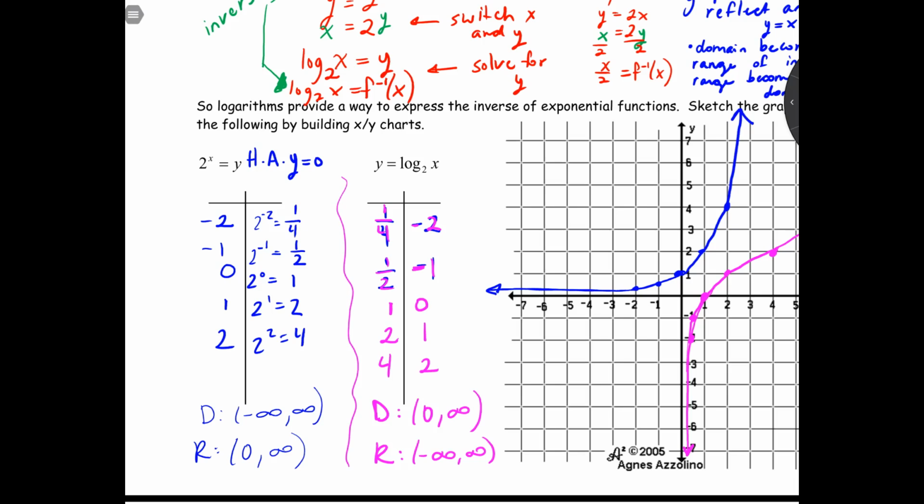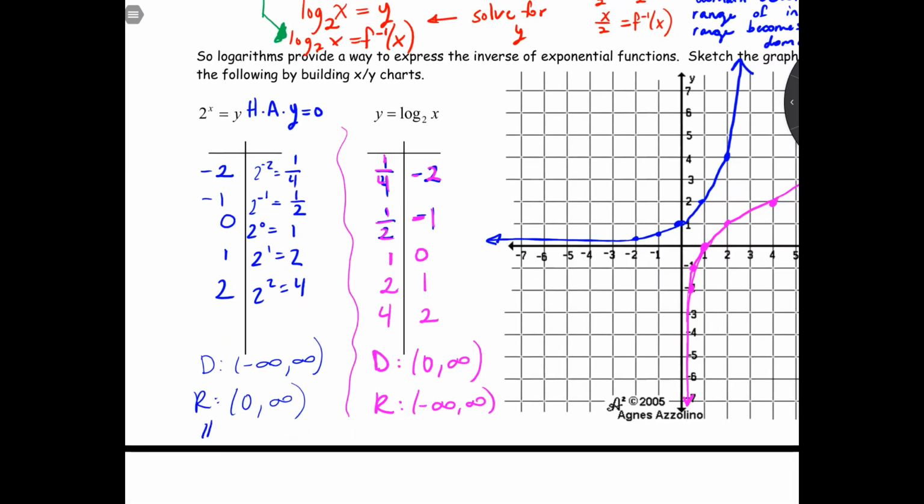Now the exponential graph had a horizontal asymptote at y equals 0. So extend that to your log graph. What would that look like? You would have an asymptote, but what would it look like? Yes, you have a vertical asymptote, and it would be at x equals 0.